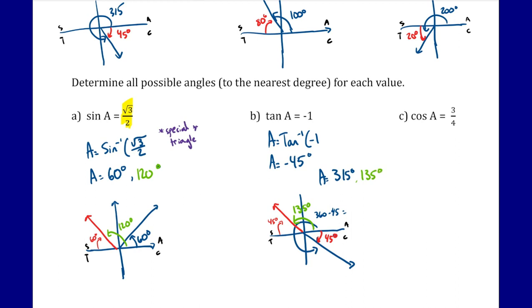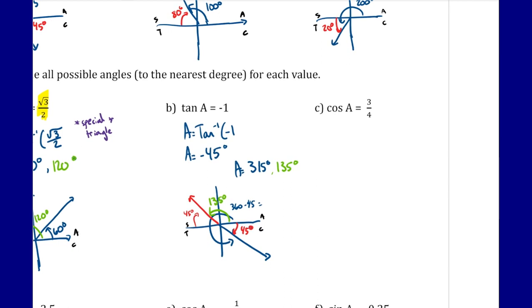So if we did tan of 135, we would get -1, and if we did tan of 315, we would also get -1. We could also do tan of -45, but again, we don't really measure degrees in terms of negatives.